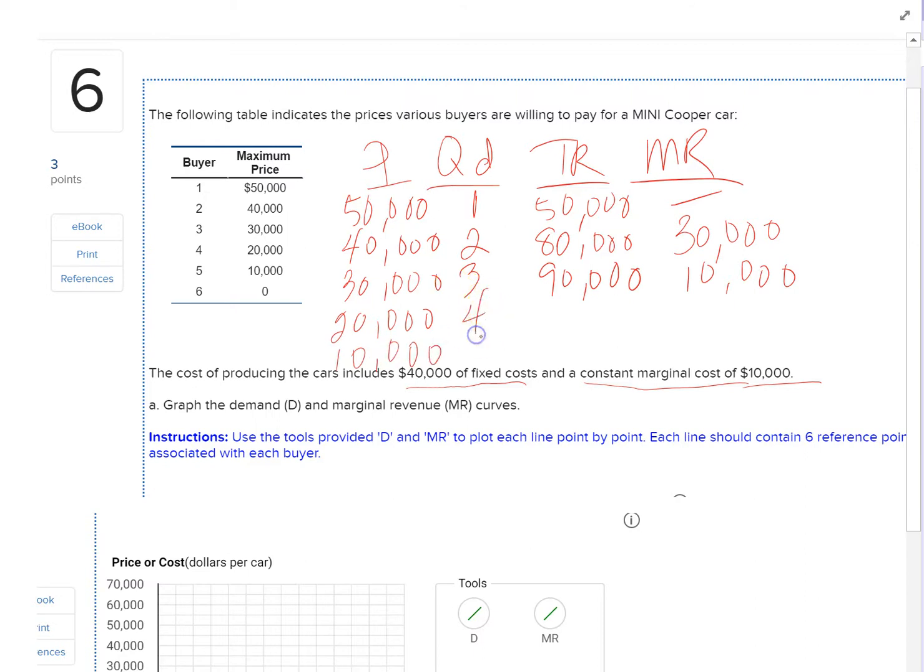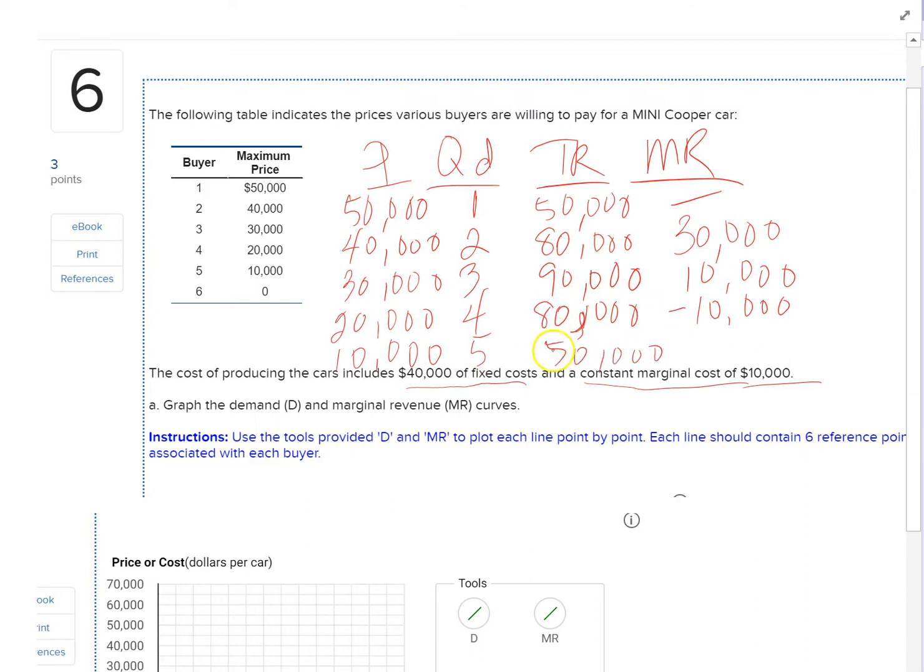And then we can go to $20,000 and $10,000. And we can say, well, 4 are purchased or demanded and 5. And we can just do the simple revenue calculation. And the marginal revenue is, now watch out for this one, because from 90 to 80 is a negative 10,000 in marginal revenue. And that's an 80 comma 10,000 times 5 cars sold is 50,000.